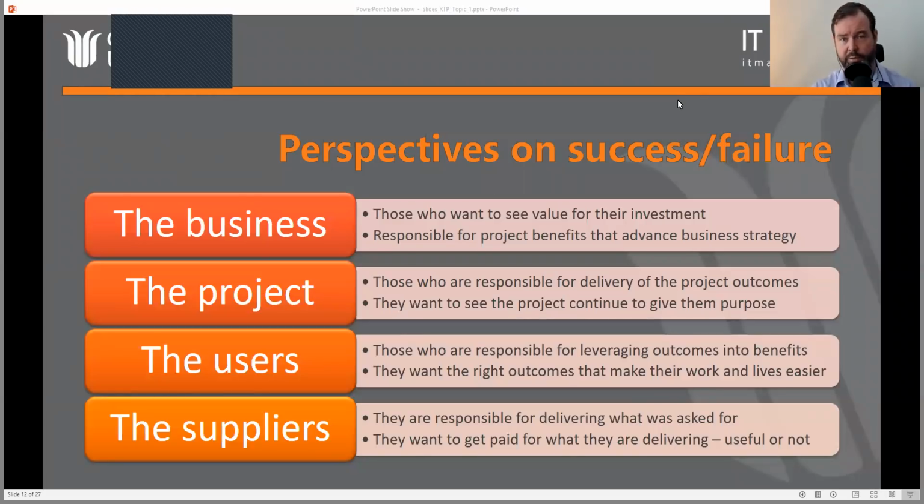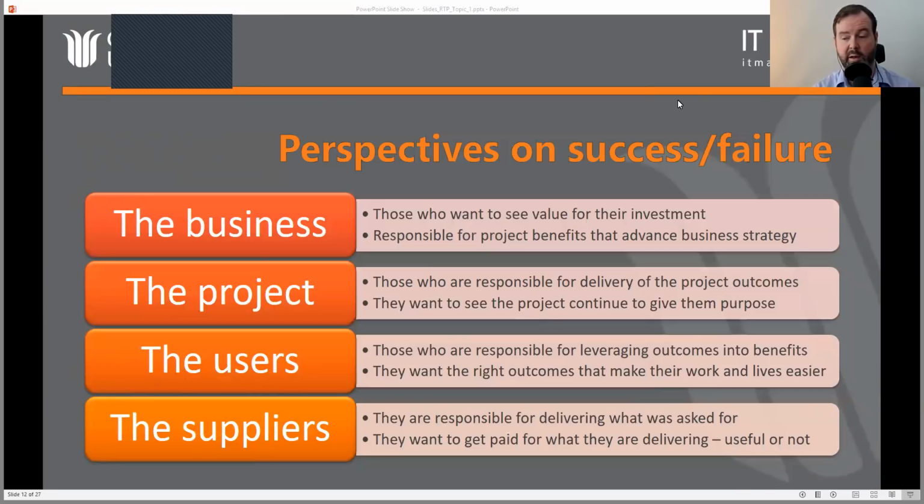They want to get paid for what they do. Now, how does this matter in the perception of success or failure? Well, you may have a situation where everyone else thinks the project's great, but it's totally unprofitable for suppliers or sections of the organization that are supplying to this. And they may be grating under that failure from their point of view.